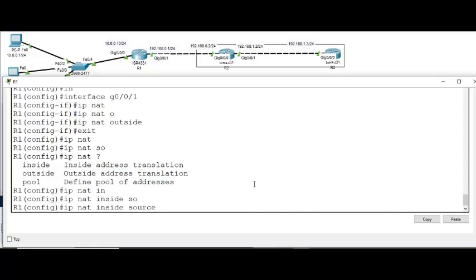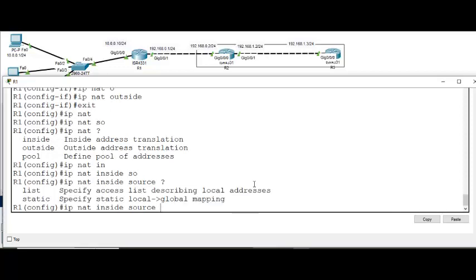Now, what do I need to say? Source is list or static? It is static, because I have a local address, I have a global address, one-to-one mapping. Whereas in dynamic NAT, I'll have many computers inside, so I need an access list for the local addresses. Now source is static. What is the source address? 10.0.0.3.